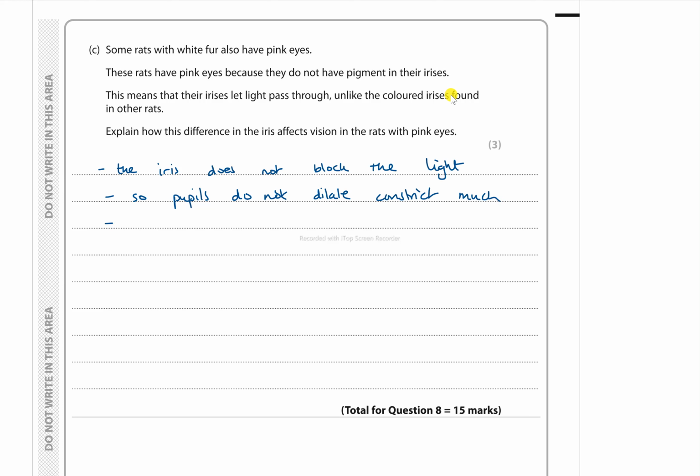This means too much light falls on the retina, causing damage to the retina, leading to poor vision.